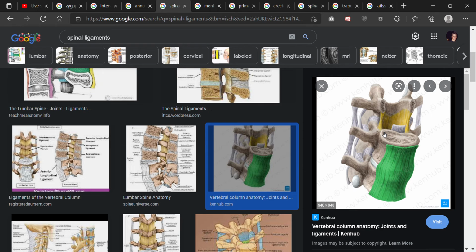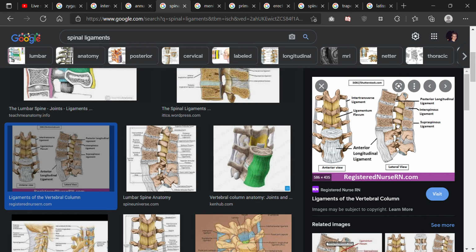So you have the ALL, anterior longitudinal ligament, posterior longitudinal ligament, PLL. You have the ligamentum flavum, you have the supraspinous ligament, you have the interspinous ligament, and you also have the intertransverse ligament, which runs on the transverse processes here, and they connect the transverse processes together.